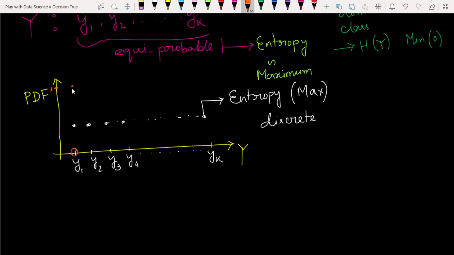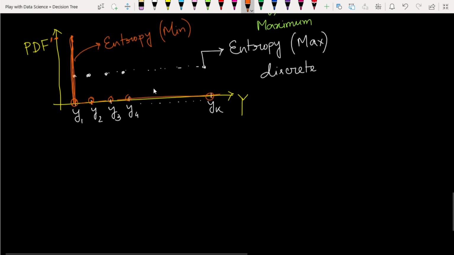The graph will peak here, and for the rest of the values it will take the value 0, here 0, here 0, here 0. Only this one is given more preference. So in such cases the entropy will be minimum.